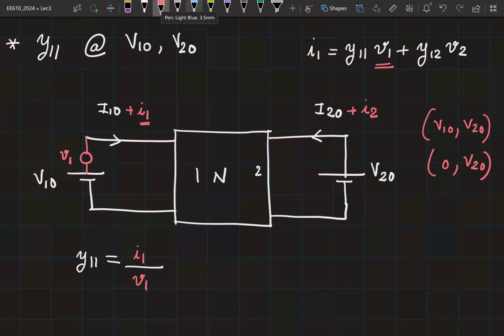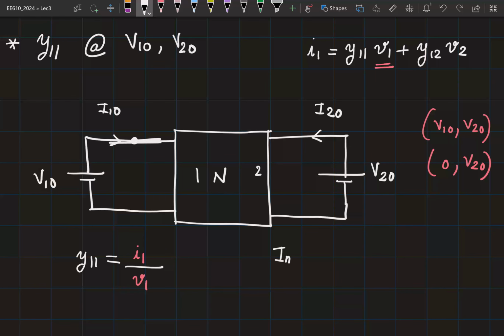Is that clear? Is there a doubt? You can ask which part is confusing. So in the first setup, I connect only V10, V20. Right? I have this circuit. And then I measure the current through this path.